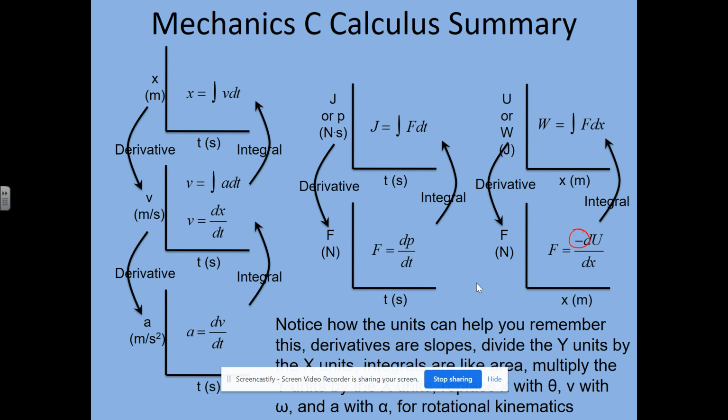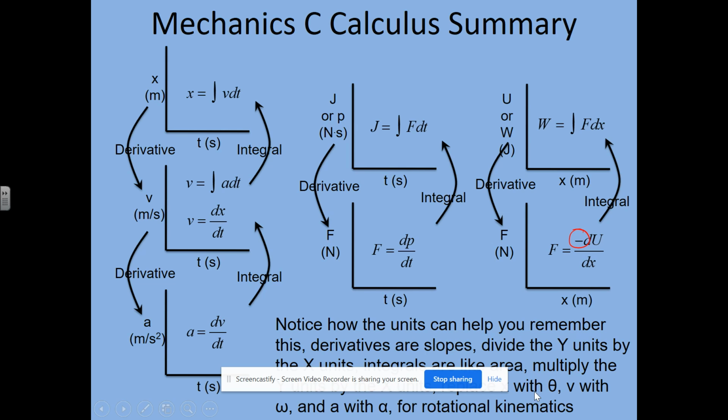But something that's really helpful is if you use the units to figure out whether you need to take the derivative or the integral of that function. Taking the derivative is the same thing as the slope. And so if you divide the y units by the x units, does the unit of that match what you're looking for? Or do you need to take the integral? And so the integral is like the area. If you multiply those two things, do you get the correct units?